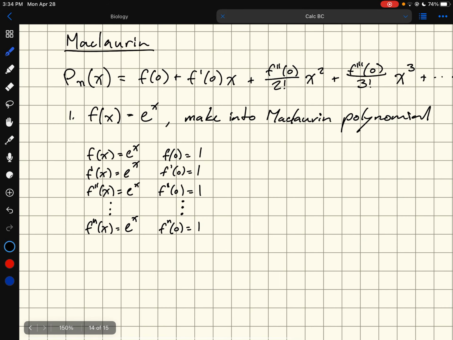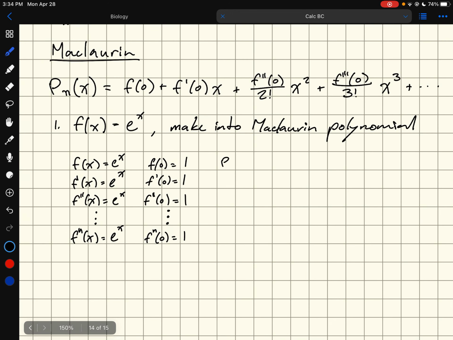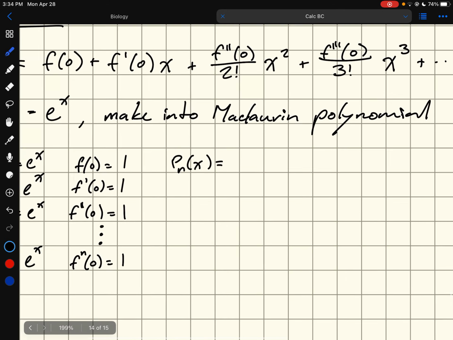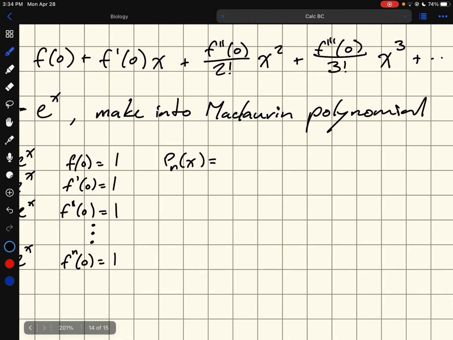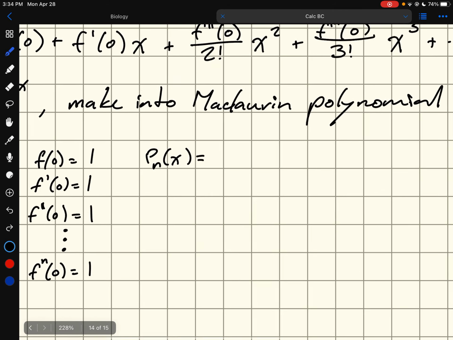Okay, so now with this knowledge, we can build our Maclaurin polynomial. Remember, p sub n of x, that's our name, is equal to the following. The first term is just f with the number plugged in, and our number is 0 because it's a Maclaurin polynomial.